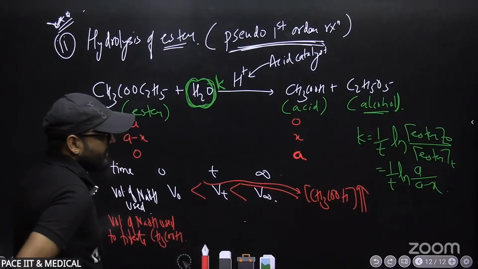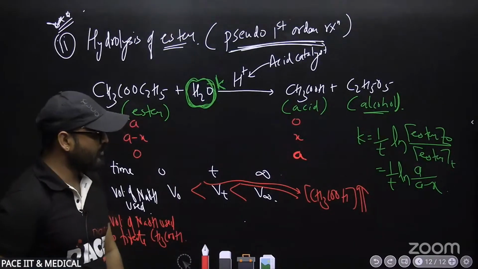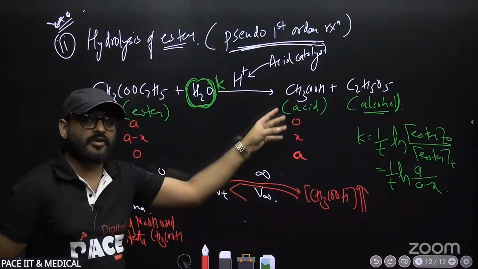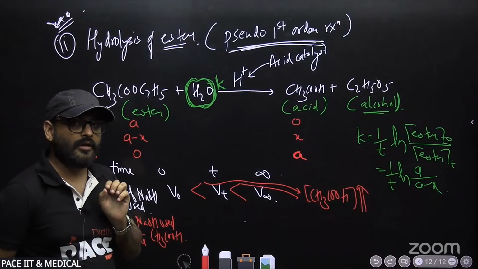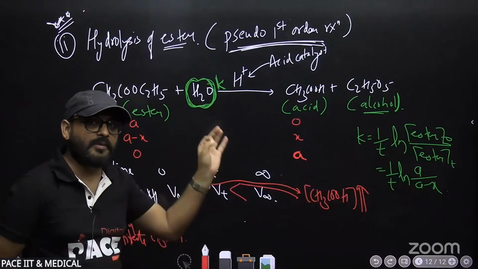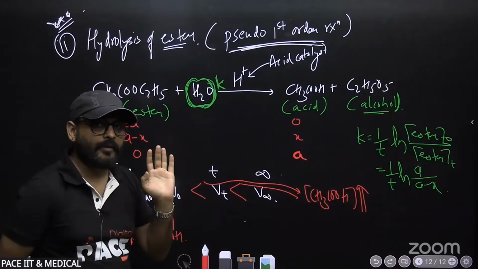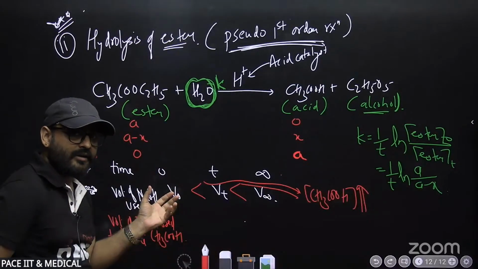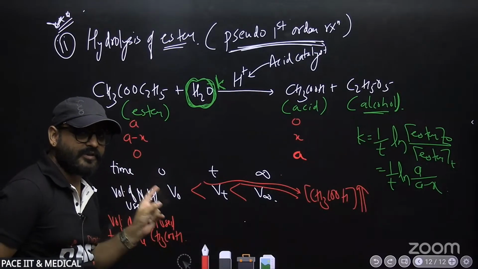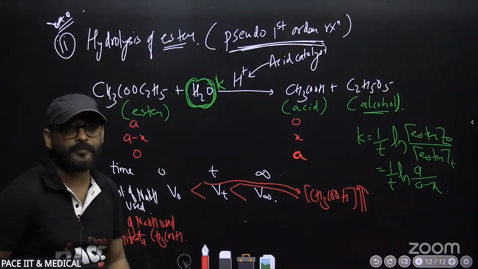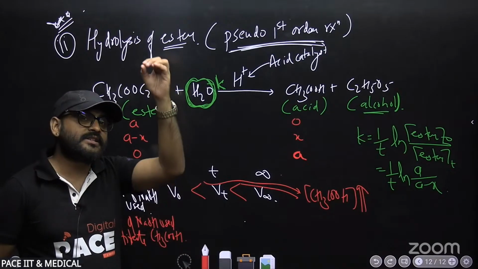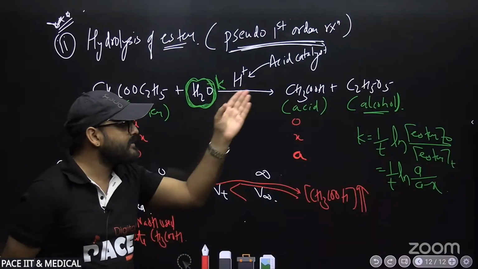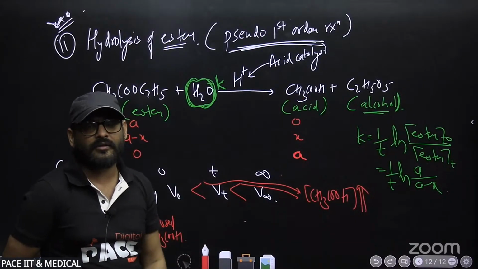Now the interesting thing, look carefully at the screen, some magic is happening. At t equals 0, CH3COOH concentration is 0. At t equals 0 in the container, CH3COOH is 0. But the volume used to titrate it is something. Something means V naught, not 0. V naught is not 0. NaOH is still being used to titrate something in the container, but CH3COOH is not there.